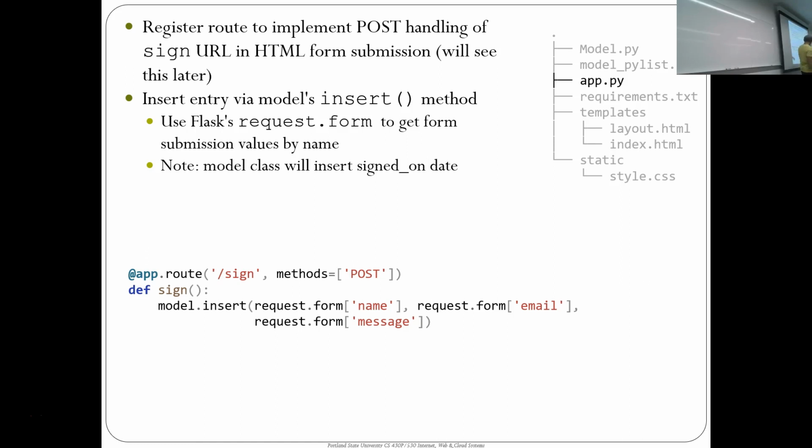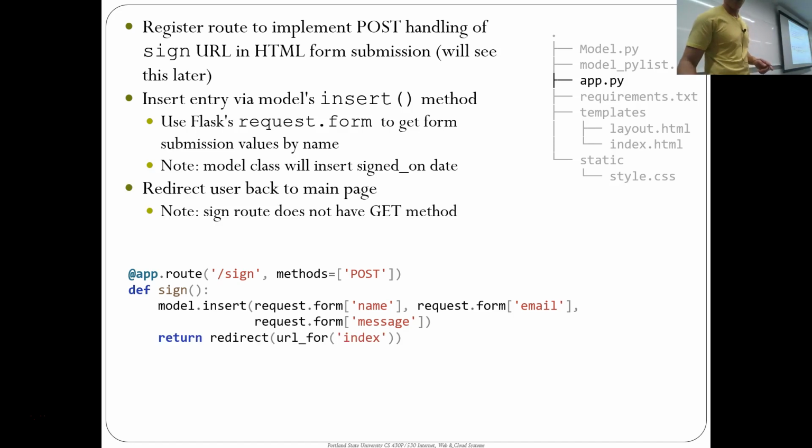That form submission has the name, email, and message, and you can see in the UI those are the 3 fields I asked for. That's where these things get populated, and I can pull those and send them directly to model.insert, because that was my API for writing into the backend model. So this just calls the model directly to insert the entry into the database.